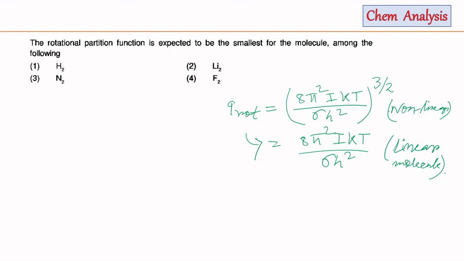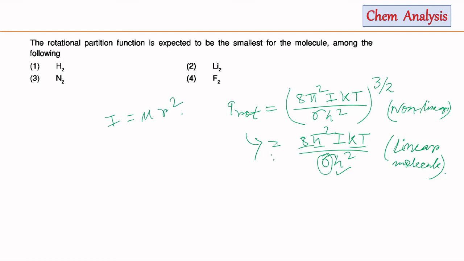Now sigma, since all the molecules are homodiatomic molecules, will be similar for all the 4 molecules. h is constant, 8 pi square, k and T, all these parameters are constant except I. I is the moment of inertia, that is equal to mu r square.